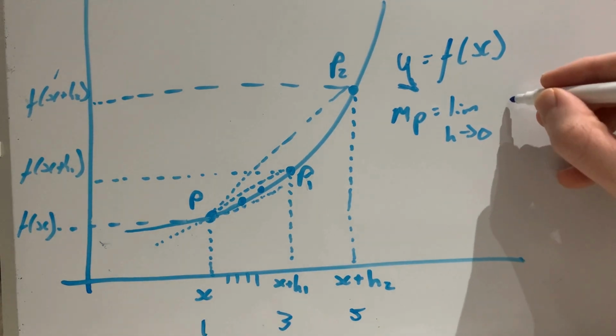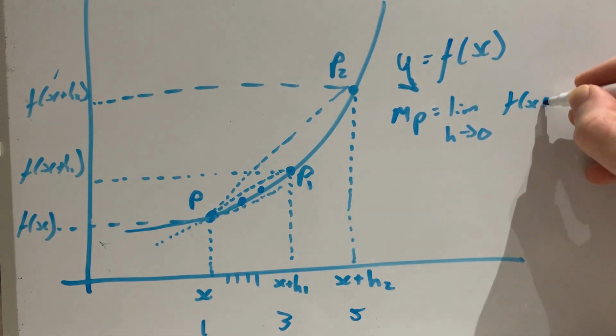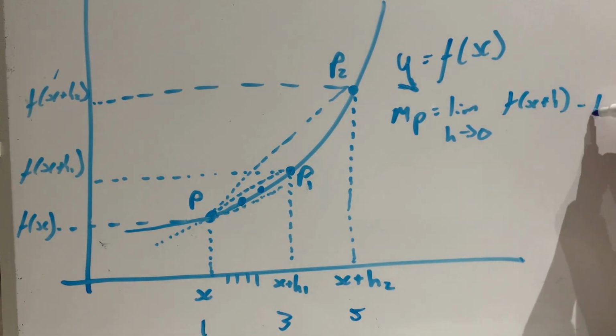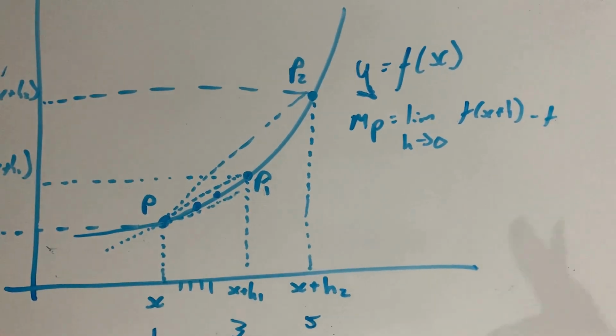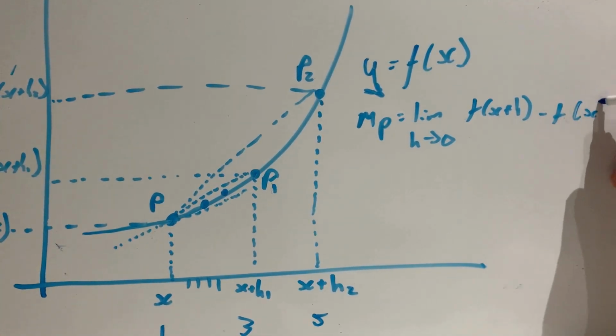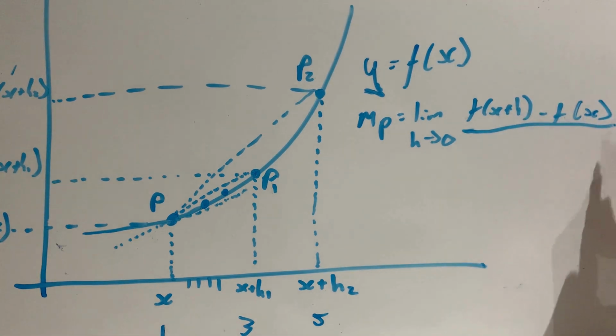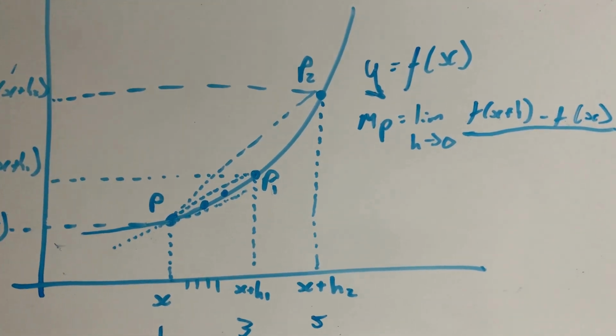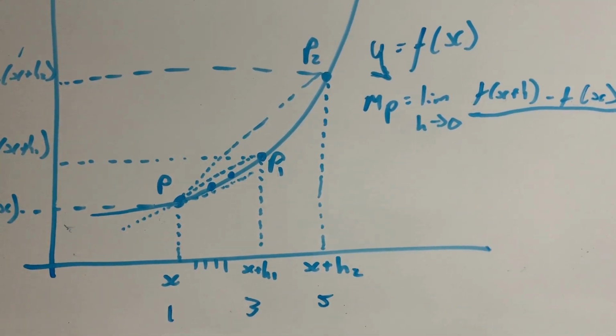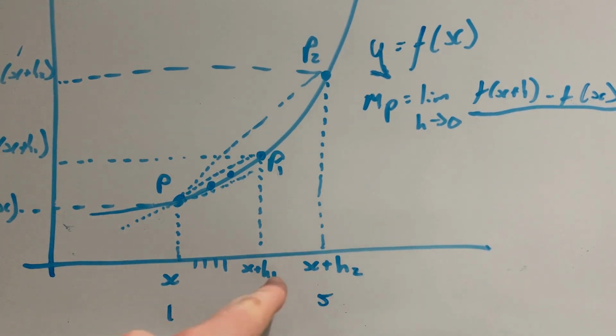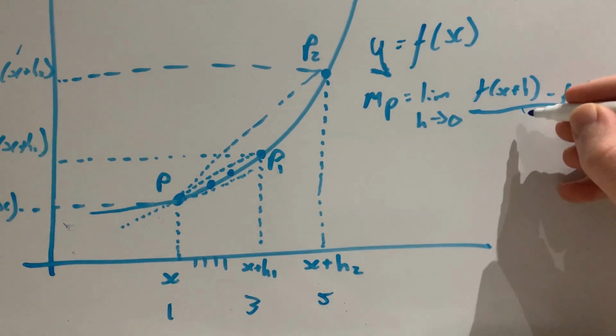So we're going to write that here, f of x plus h minus f of x. And on the bottom, we'll have the change in x. That was just x plus h2 or x plus h1, whatever we were using, minus x. The x cancels out, and we're left with h.